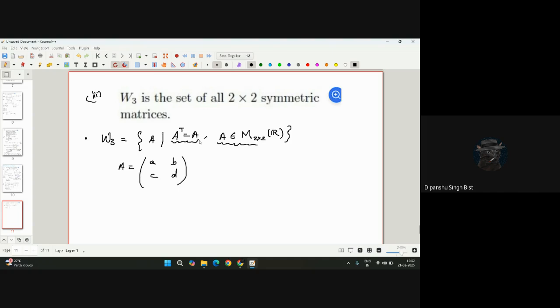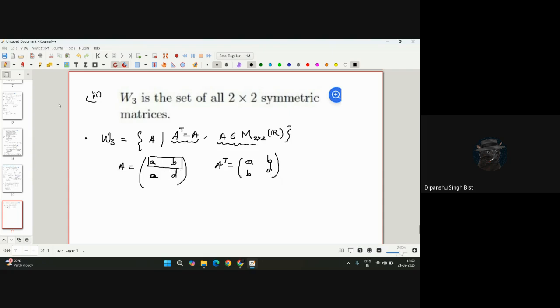But then you impose one extra condition, that A transpose should be equal to A. That means if I take this row and project it as a column, it should be the same. So here also I should get A, B, which means instead of C I should take some B. Now the transpose of A in this case is A, B, then B, D. So you see A and A transpose are the same.